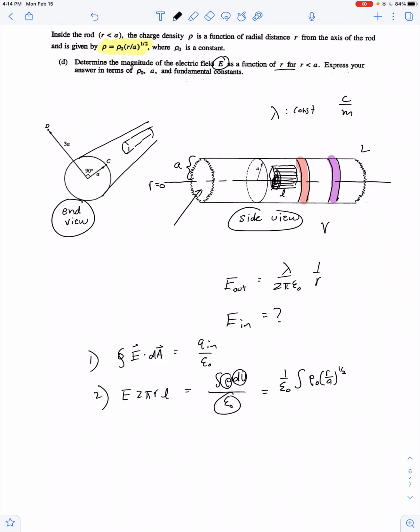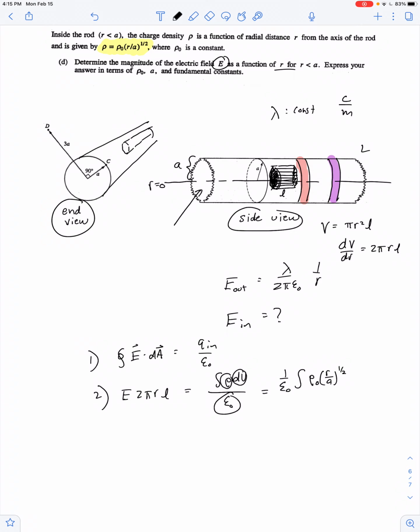cylindrical shells, we know the volume of this cylinder would be equal to pi r squared, that's the surface area of the end caps of our Gaussian surface, right? Pi r squared times L. So dV dr is 2 pi rl.